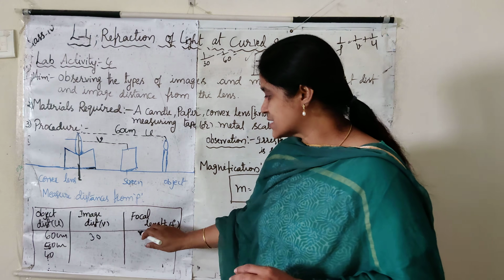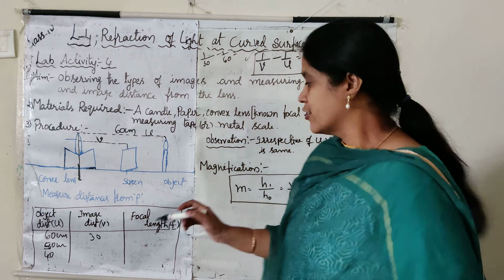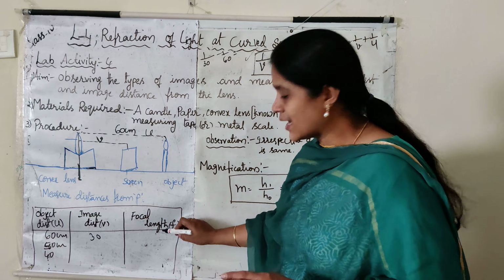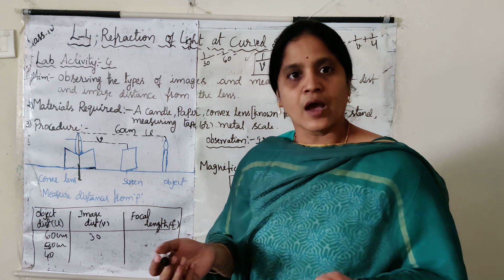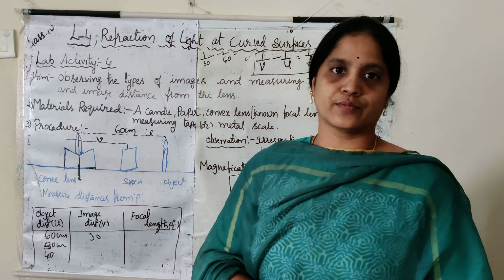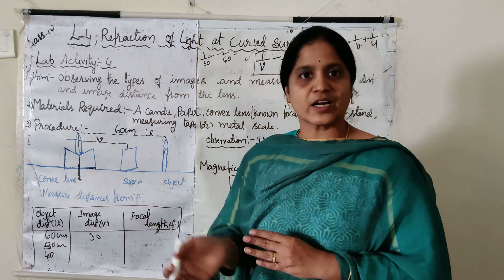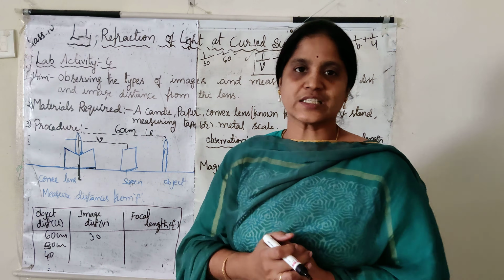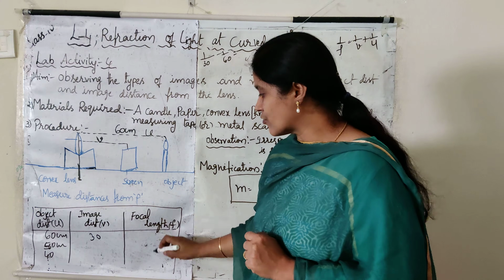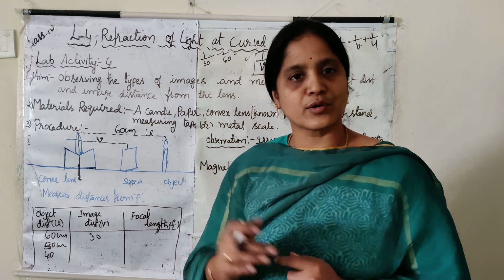In this lab activity, you should get all the focal length values the same or nearer to that value. Suppose we have taken a known focal length of 20 centimeters, so you should get values of 20 or nearer to that.